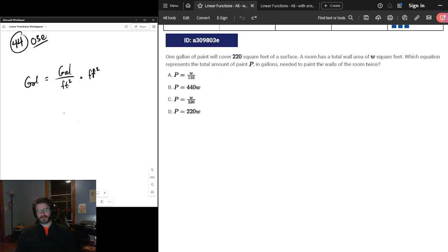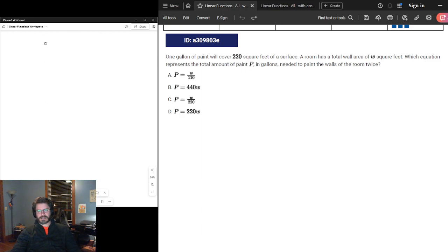So 1 gallon for every 220 square feet to do the room twice. So 2W. Yeah, so 1 over 220 times 2W, because W is the area in square feet. That reduces to 110. So 1 over 110, that's going to give us A.